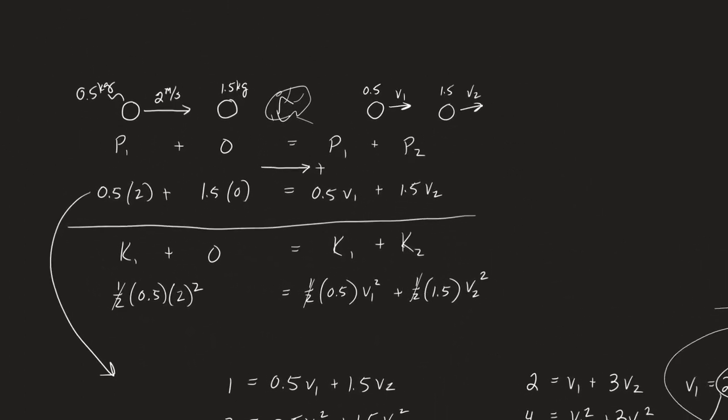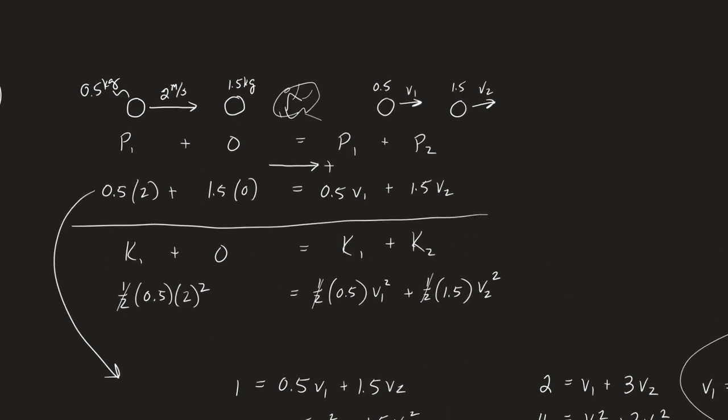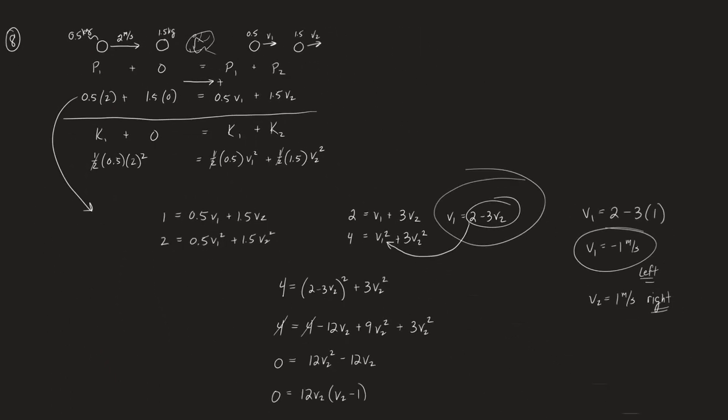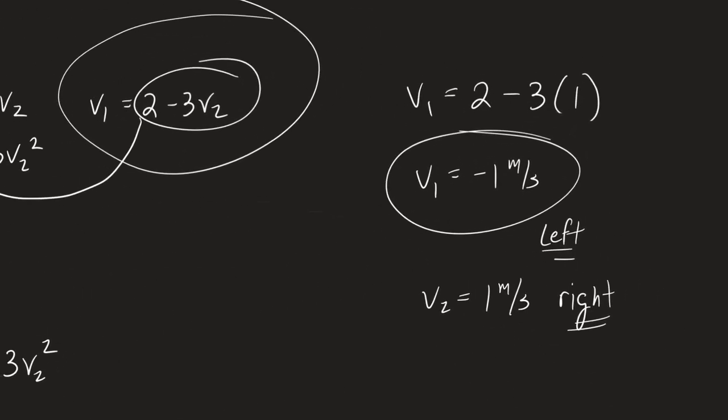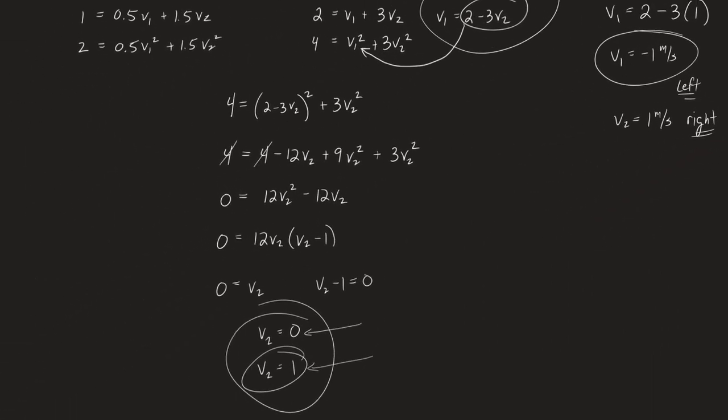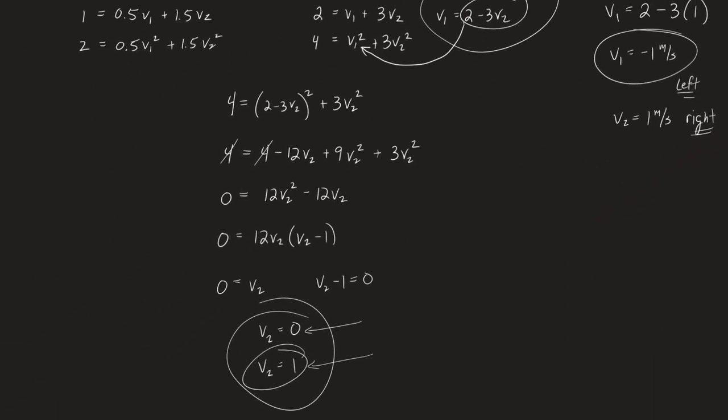Again, the physics was here when you interpret the word elastic and know what to do with it. And I'd argue that there's a little bit of physics here, understanding that getting a negative velocity means it went in the other direction. The rest of all this, math. All right, this is algebra.